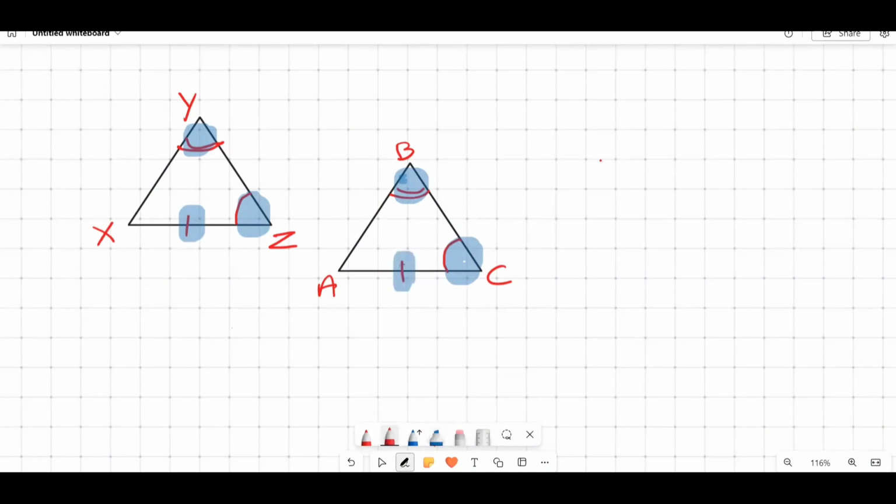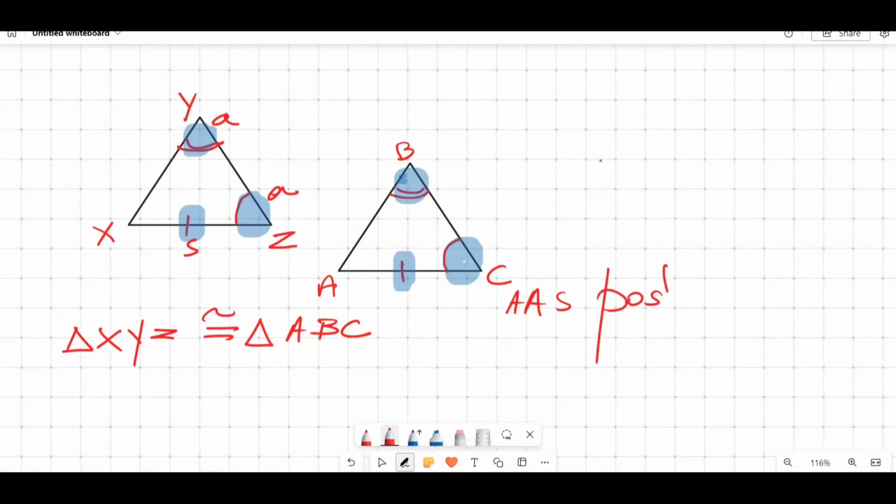From this, we could conclude that triangle XYZ is congruent to triangle ABC by the angle, angle, side postulate.